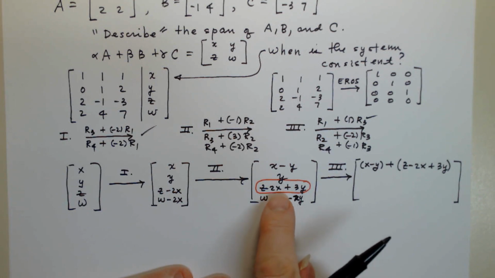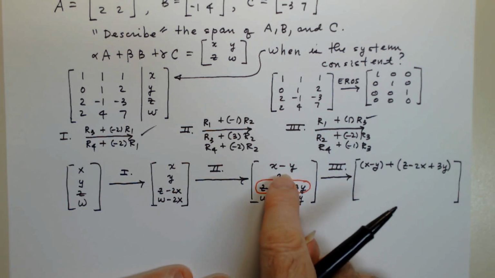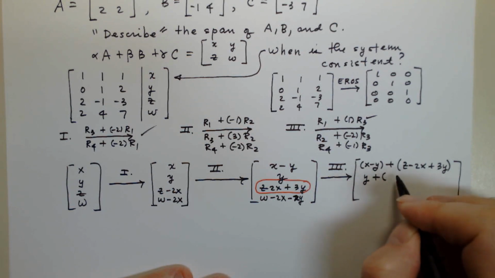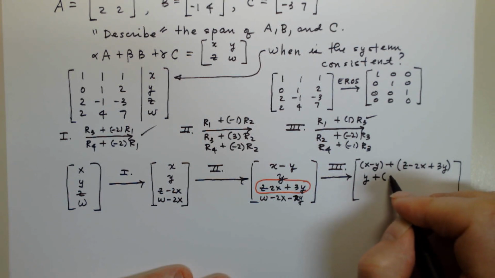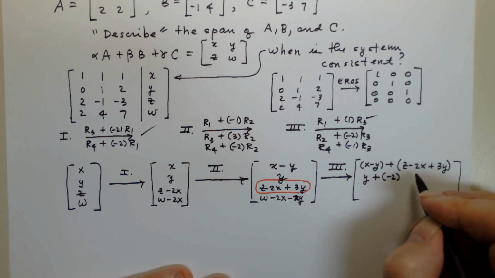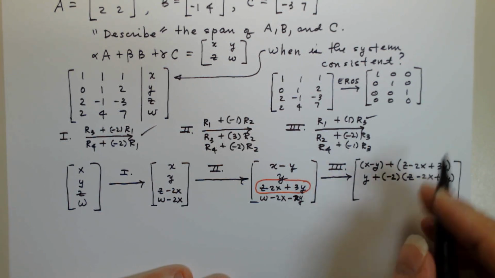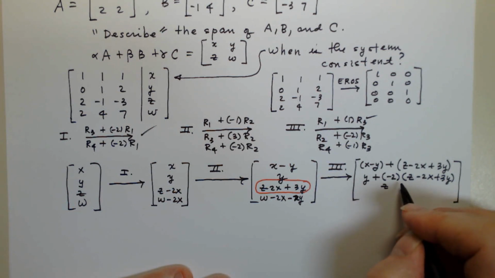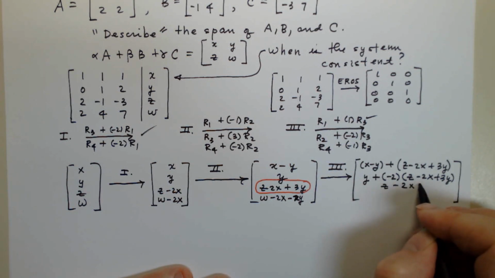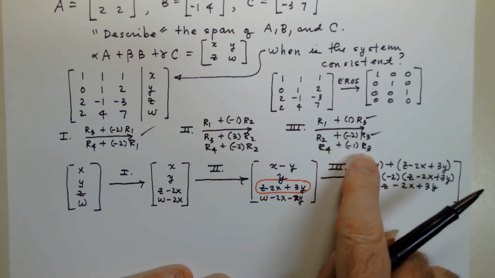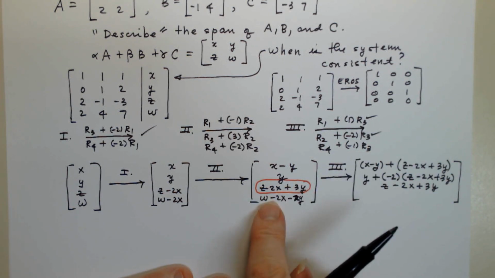Now I'm taking a negative 2 times this row 3 and tacking that onto row 2. All right. Now row 3 is not being changed, so I'm going to leave that in there. Now in my last operation, I'm taking a minus 1 times row 3 and tacking that onto row 4.